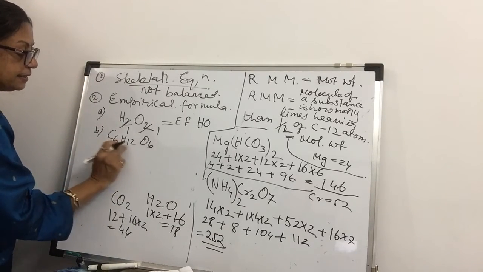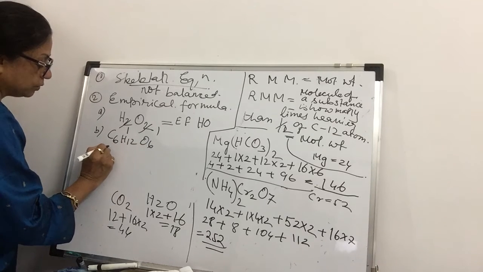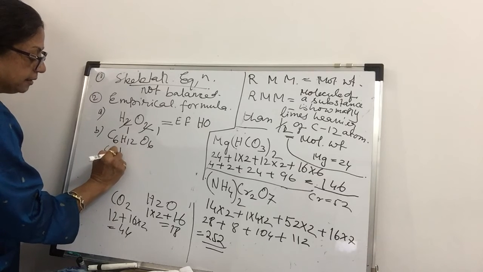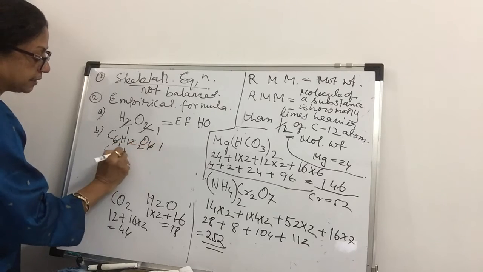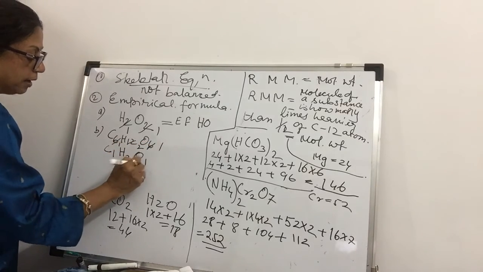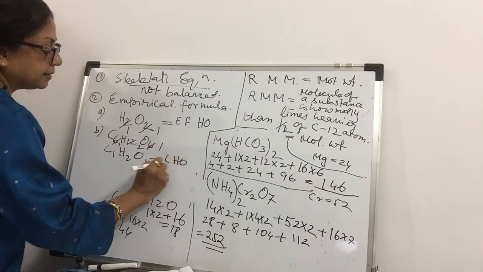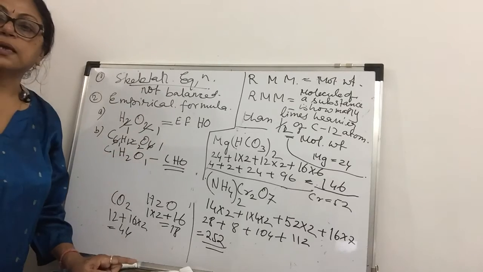You will see it's divisible by 6. So C, 6 ones are 6; H, 6 twos are 12; O, 6 ones are 6. So this can be written as CH2O. This is the empirical formula of C6H12O6.